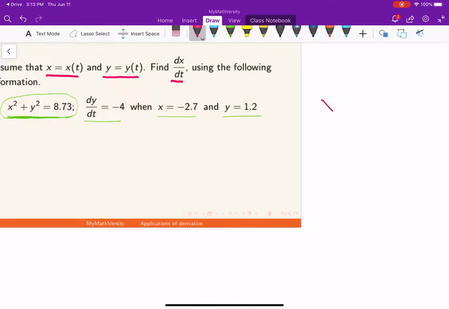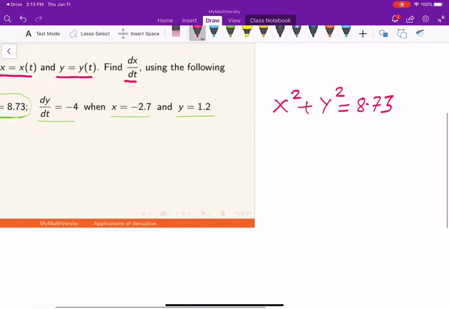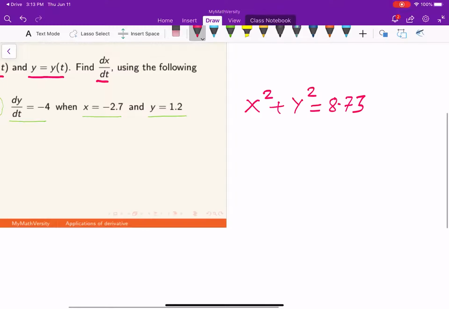So we have been given the relationship between x and y as x squared plus y squared is equal to 8.73. This is one of the given pieces of information. And then what is the question here? We need to find the derivative of x with respect to t.